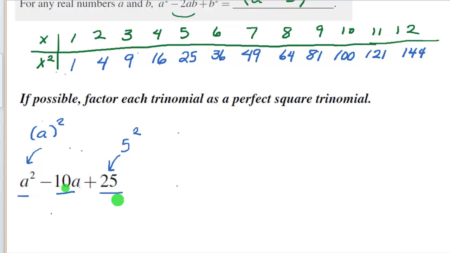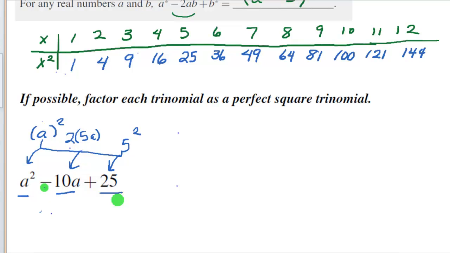Now, if this is a perfect square trinomial, then this middle term will be what you get when you multiply a times 5. Okay, a times 5 is 5a, and then double that, twice that. So twice a times 5, or 5a, is 10a. So we have the right middle term for a perfect square trinomial.